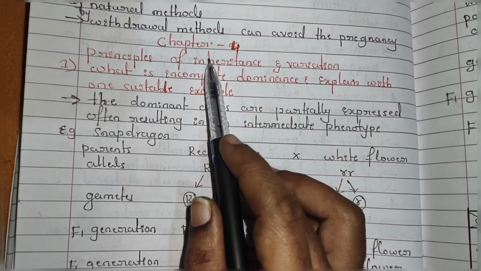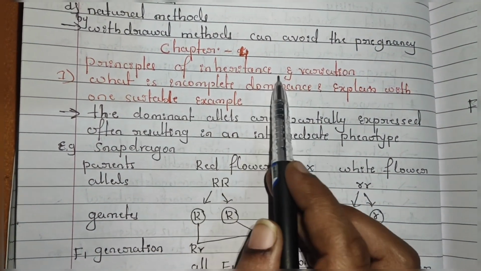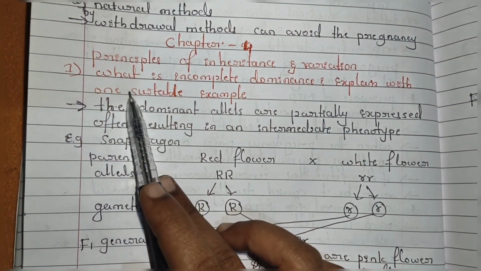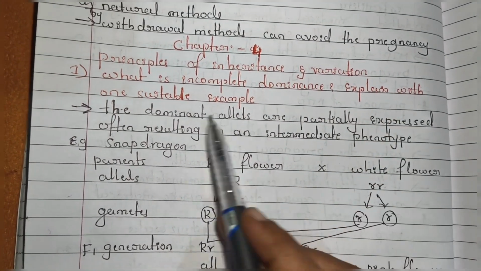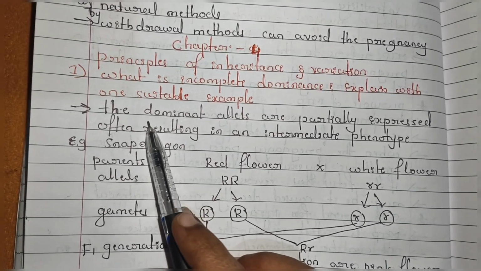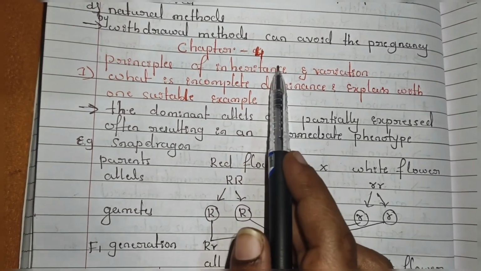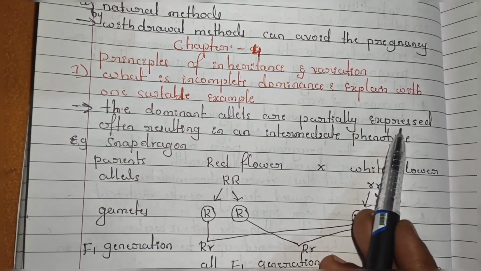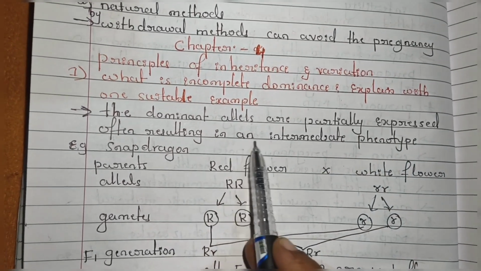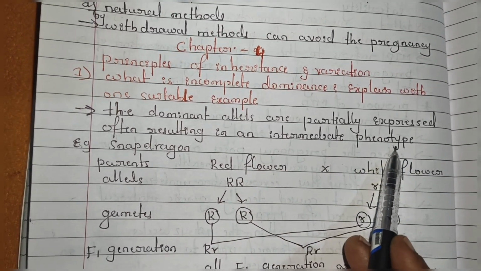The next chapter is the 4th chapter, principles of inheritance and variation. From this chapter, the first question: what is incomplete dominance? Explain with a suitable example. Incomplete dominance: the dominant alleles are partially expressed, often resulting in an intermediate phenotype.